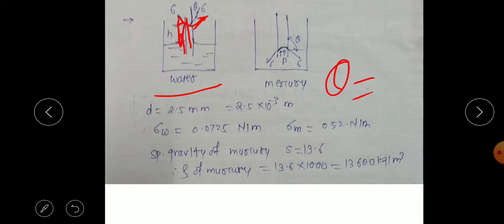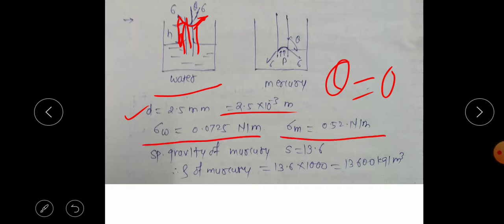It will be 0, meaning water rises nearly vertical. The diameter is given as 2.5 mm, converted to meters. Sigma W means the surface tension of water, and this is the surface tension of mercury. The specific gravity of mercury is 13.6, so density is 13.6 times 1000, which gives 13,600 kg per meter cube.